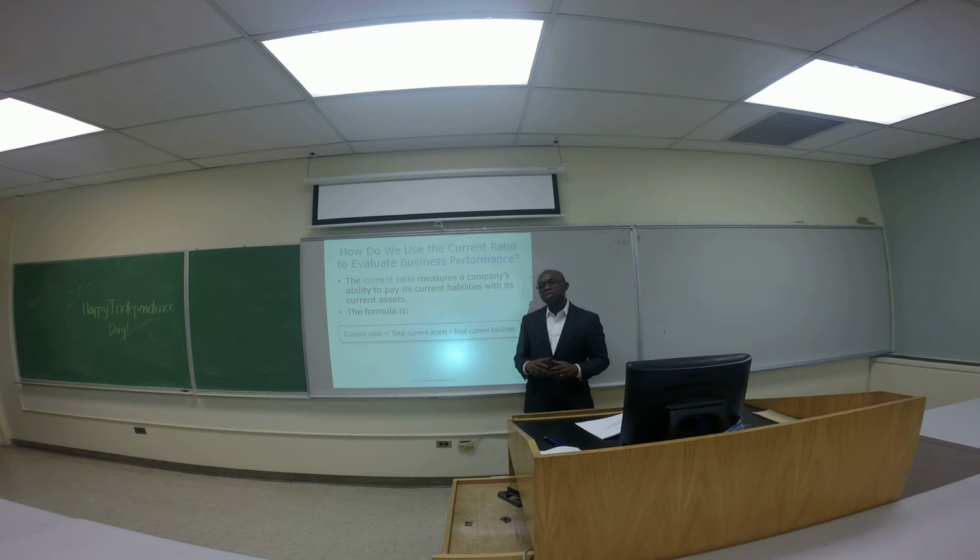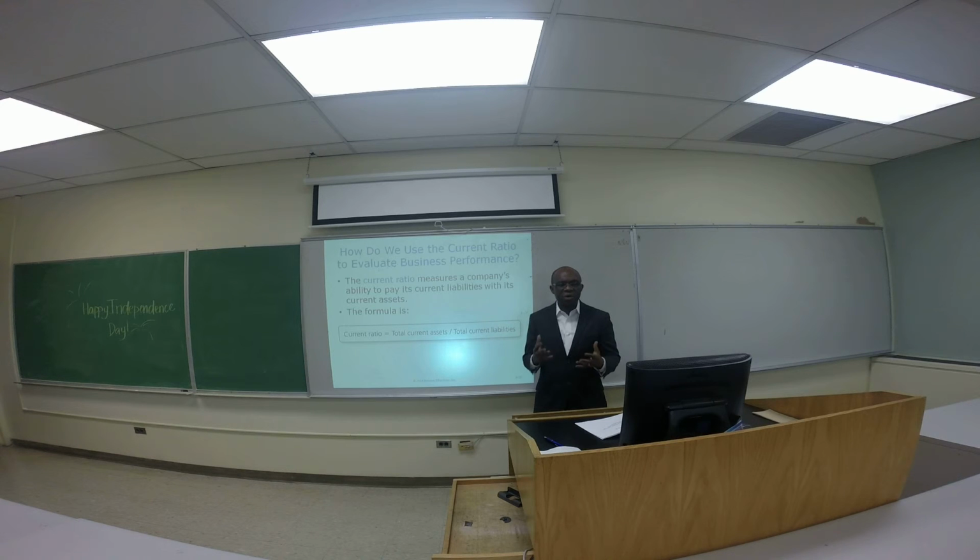Then, in addition to preparing the financial statements, which is basically valuable information that is used by internal and external users, as accountants, we are also responsible for analyzing the financial statements. In other words, determining or figuring out what the numbers really mean.